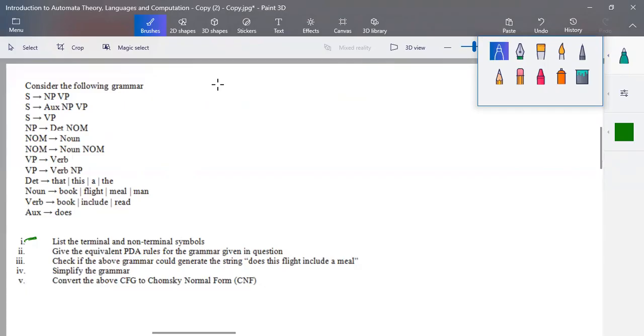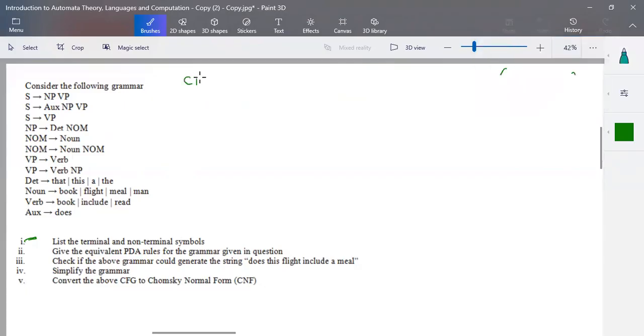Rather than that, we can go for context-free grammar to push-down automata. We have variables, terminals, starting symbol, and productions for the tuple notation of context-free grammar, whereas for push-down automata, you have states, input, transition, elements that can be pushed into the stack, starting state, and a set of final states.